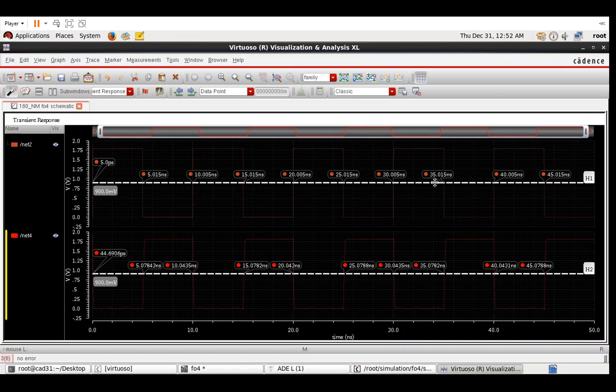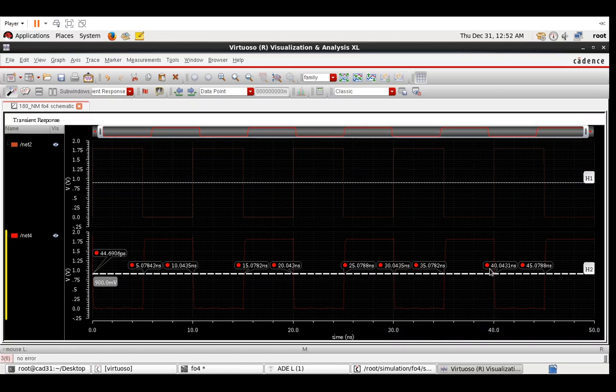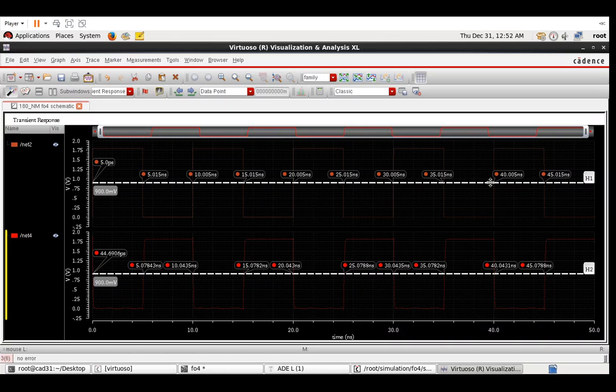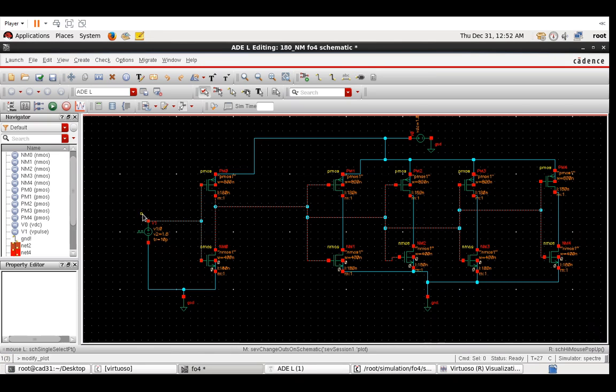That will be my TPLH. The next pulse I can calculate TPHL, 40.0431 minus 40.005, and the average of those two numbers will give you the propagation delay for FO4 in GPDK 180. And next we will see how to do the same in GPDK 90.